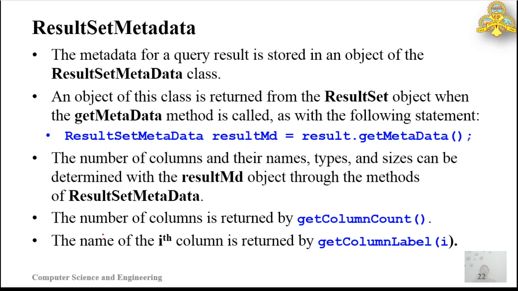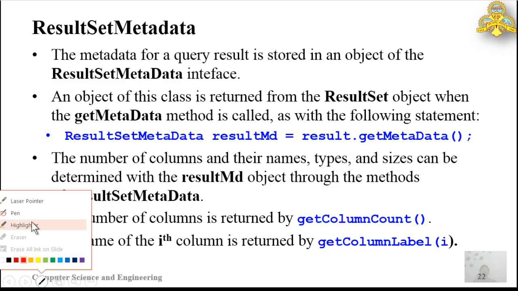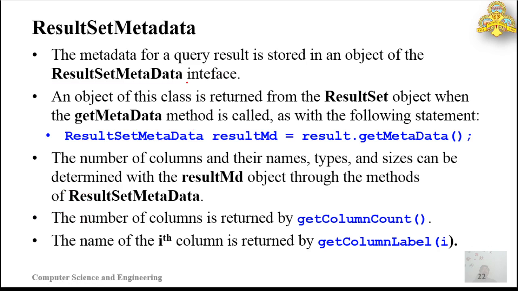Now we'll come to the next part, that is ResultSetMetaData. The metadata of a query is stored in an object of the type ResultSetMetaData interface. Sorry, it is not a class. Okay, now it is the ResultSetMetaData interface. An object of this interface is returned from a ResultSet object when the getMetaData method is called.